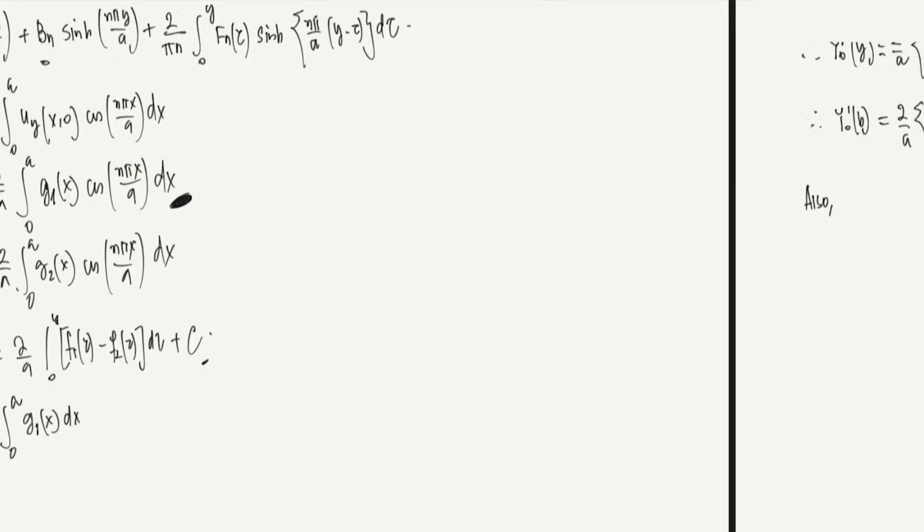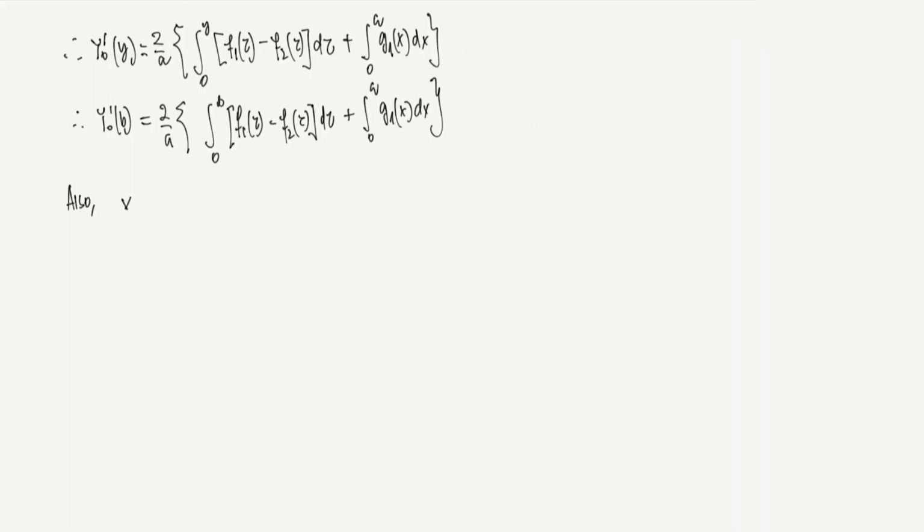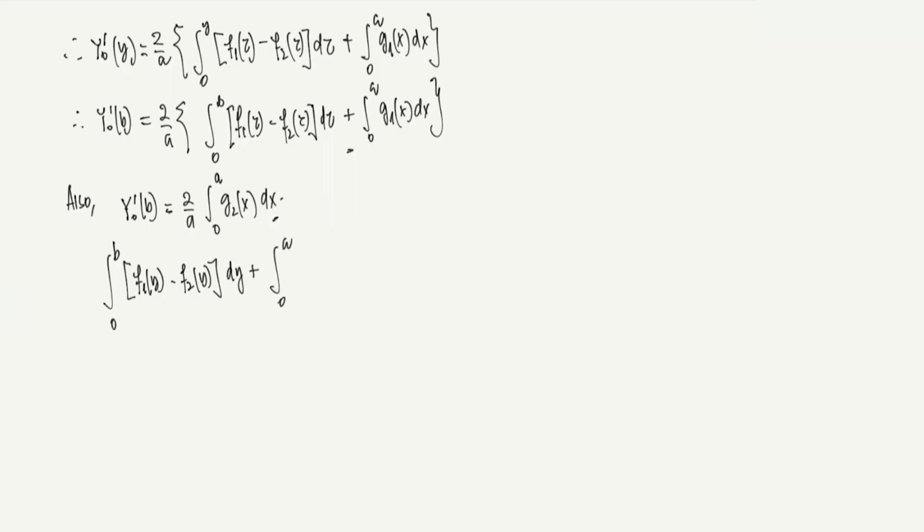If you equate those two, y_0 prime of b is nothing but 2 by a integral from 0 to a of g2(x) dx. Putting these two expressions of y_0 prime of b together, you get the integral from 0 to b of f1(y) minus f2(y) dy plus the integral from 0 to a of g1(x) minus g2(x) dx equals 0.